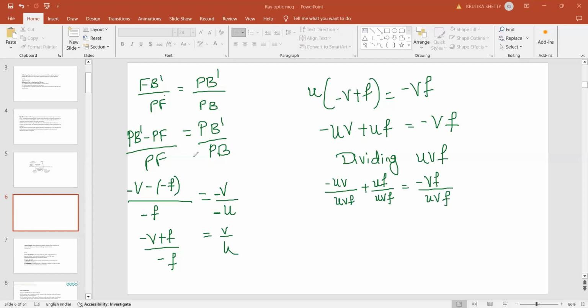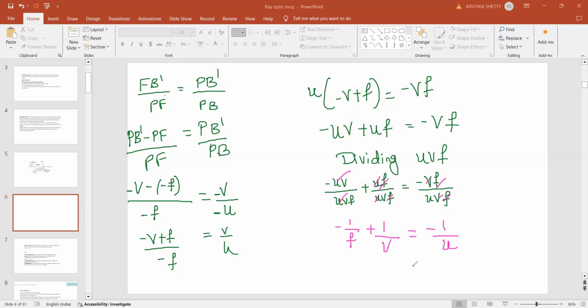So what happens here, cancel the same terms and the derivation is over. So here uv will get cancelled, u will get cancelled, v will get cancelled, f. So what is left in the first term? Nothing is there, minus is there, numerator 1 is there, divided by f, plus here numerator nothing, plus 1 divided by v is equal to here minus remains, minus 1 divided by u.